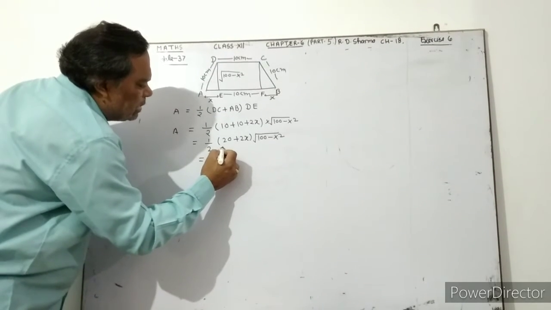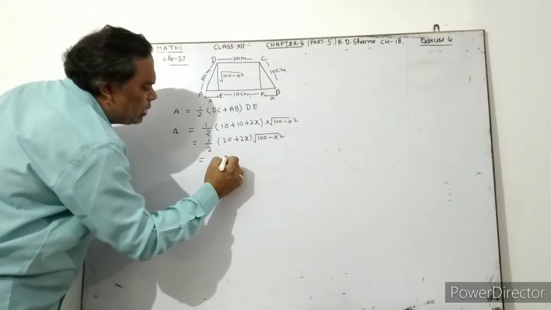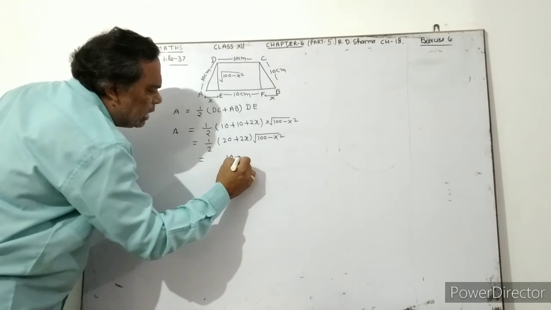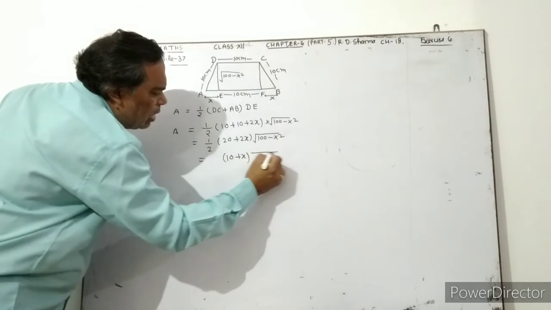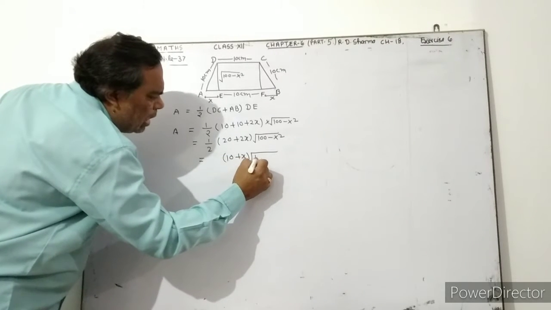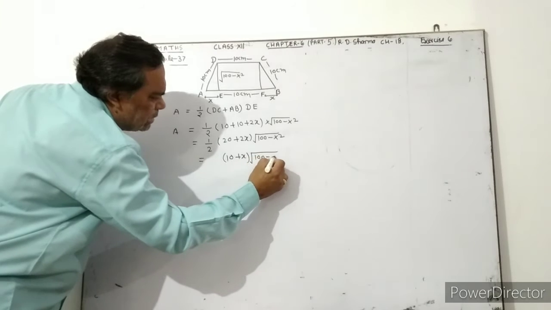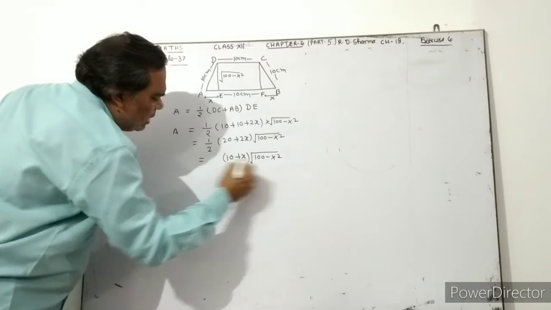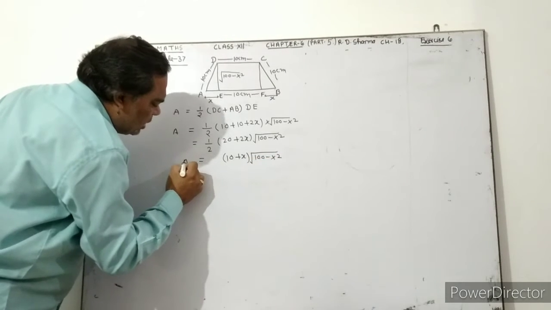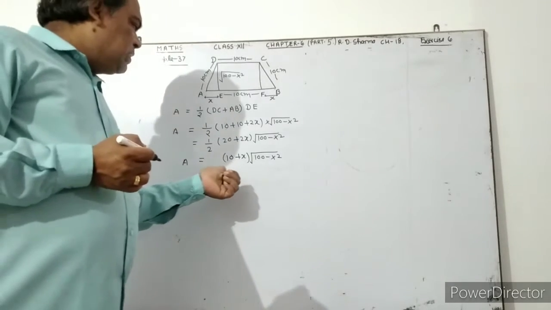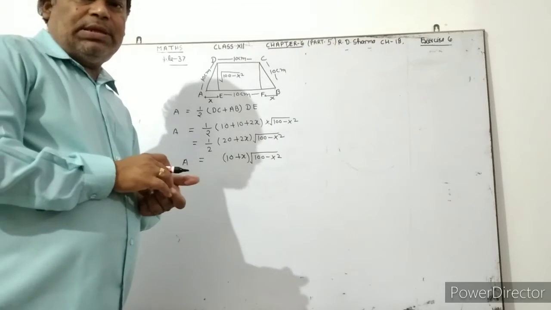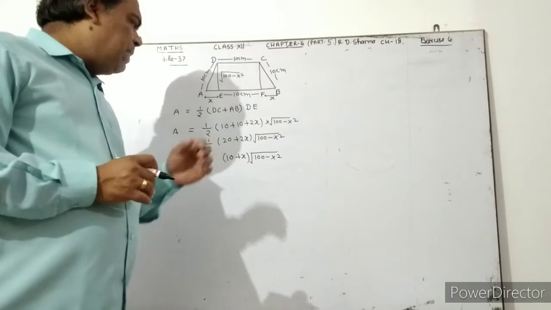Then this is 10 plus x, and this is the under root 100 minus x square. This is the equation. Now here see, this is only one variable x.